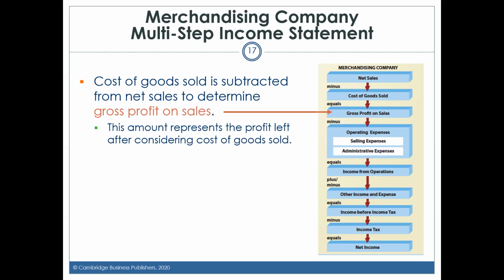It's the amount of money you have left over after taking care of the original cost to buy the item, or to make the item if you're a manufacturer. It's the amount of money you have left over to cover your operating expenses.